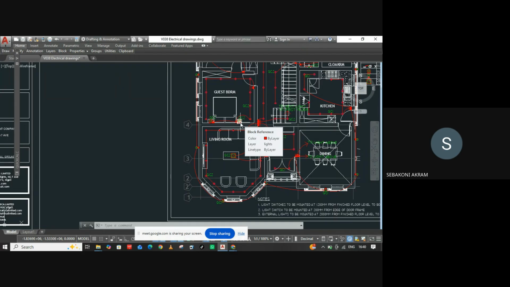Maybe the wattage per spotlight is about 10 watts, based on the product data sheet you've got for that product.